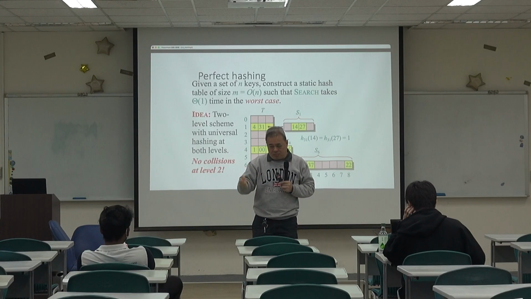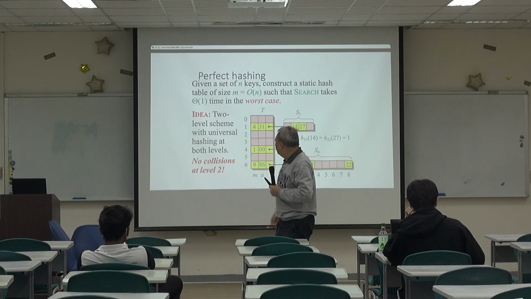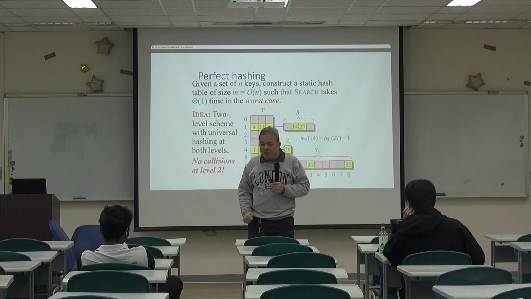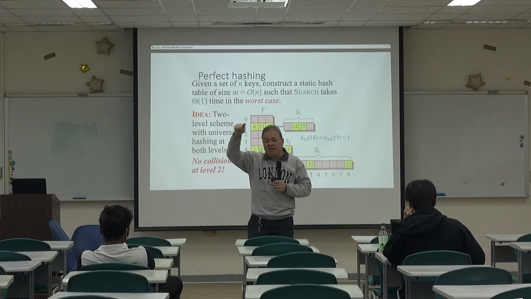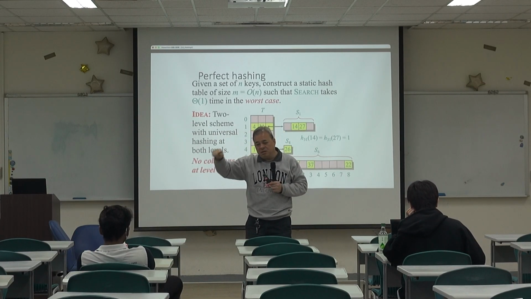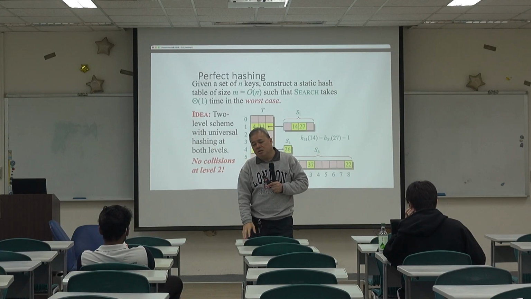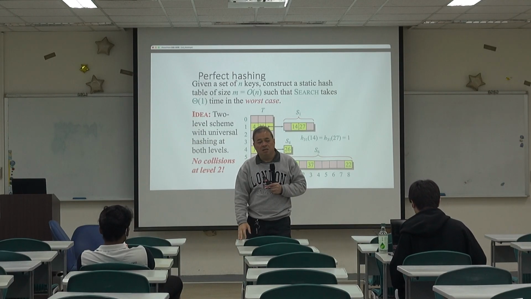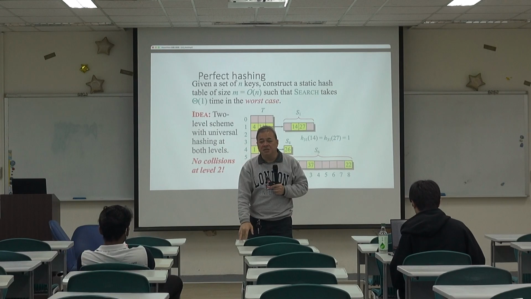And so this 2-level hash function scheme guarantees what we call perfect hashing. Okay, in the worst case, you need to calculate 2 hash functions, but still the calculation number is bounded by 2. That's it. Okay, so it's a very nice property.